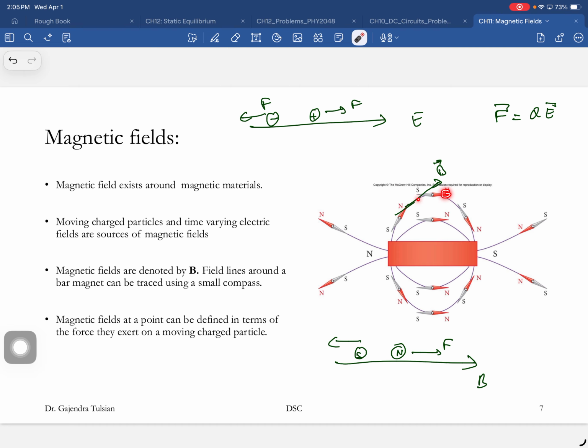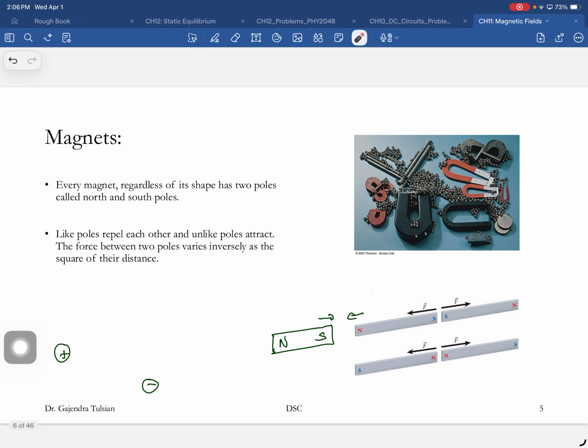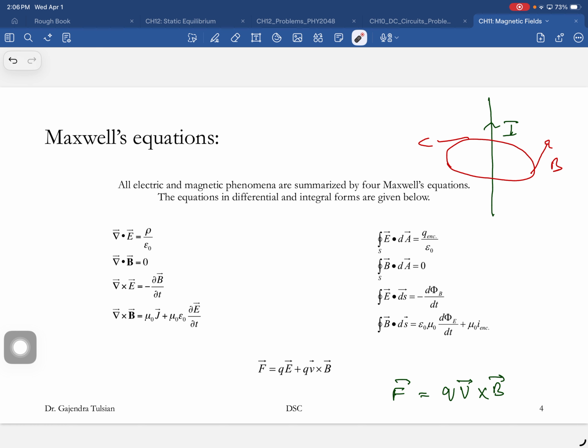Now, it turns out that one Tesla is a very strong field. A magnetic field of 1 Tesla is very strong. For instance, in this room, the magnetic field strength is about 1/10,000th of a Tesla. Earth's magnetic field on the surface is about 1/10,000th of a Tesla.